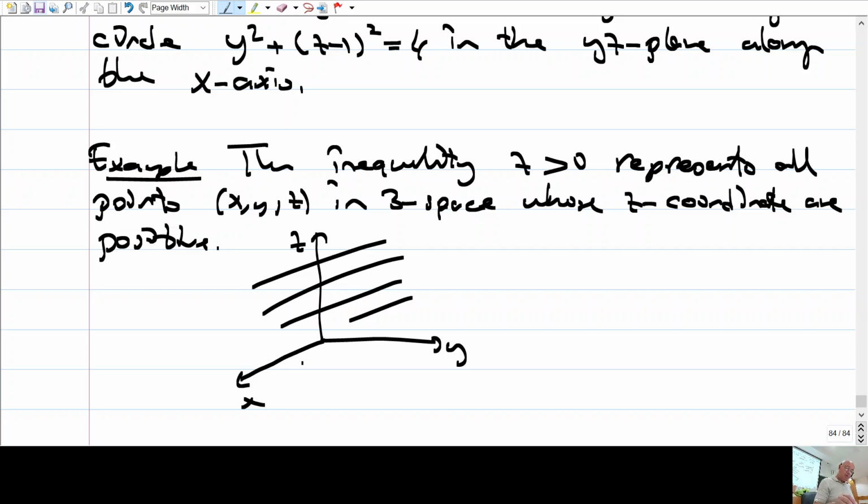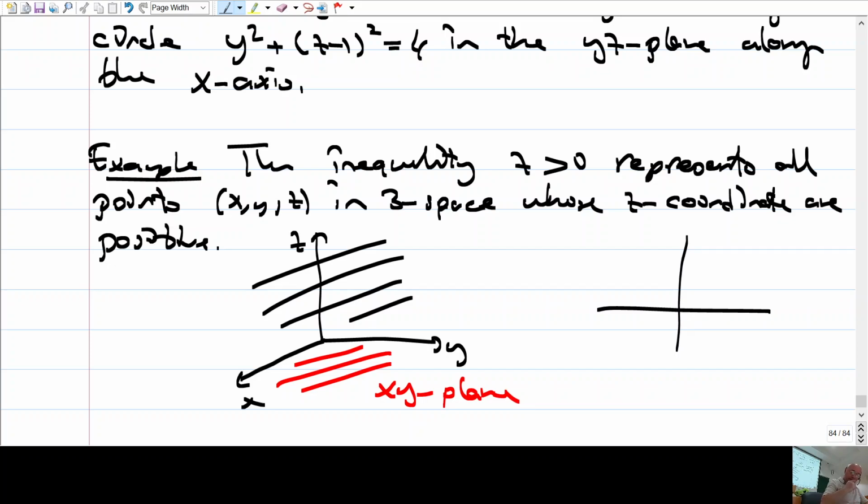So you take the XY plane, which is this XY plane, and this space is the set of all points above the XY plane. Okay? It is, of course, analogous to what you had in R2. For example, consider x is positive.